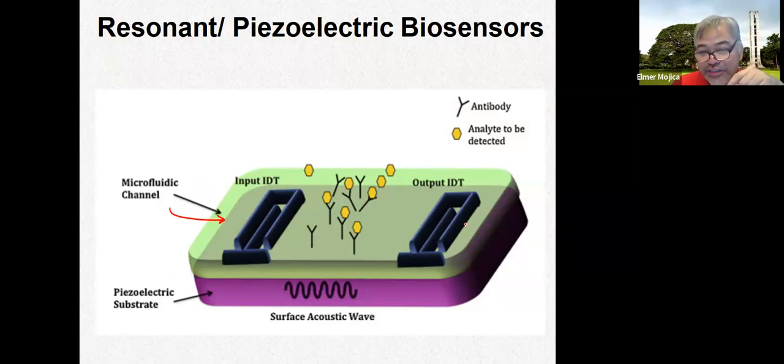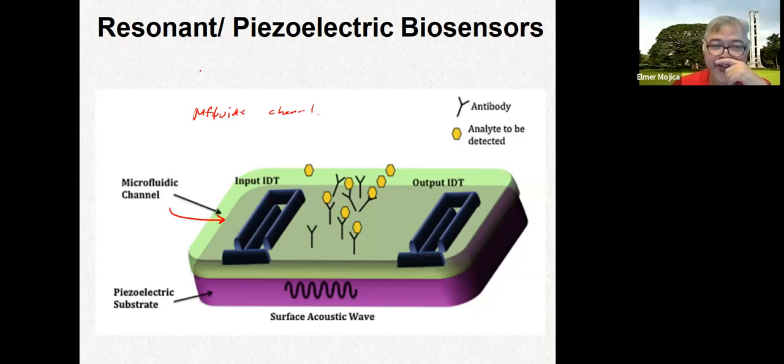Okay, so when it passes through here, it will be detected by the what we call the piezoelectric substrate, the surface acoustic wave. So usually, the analysis that we have right now is using the microfluidic channel.